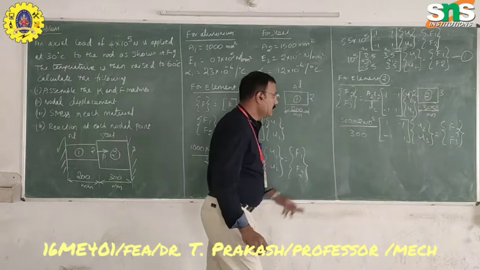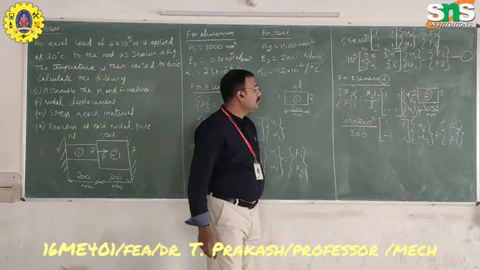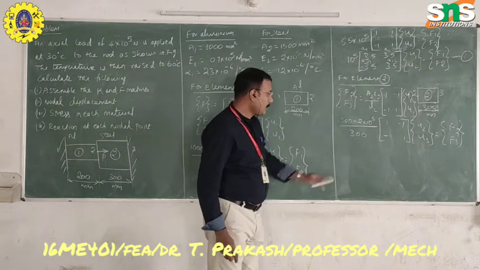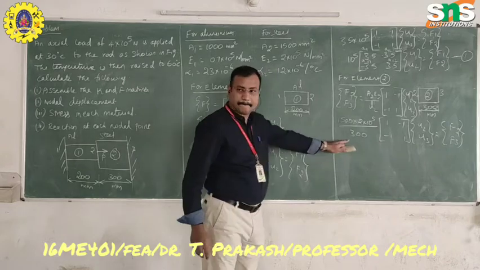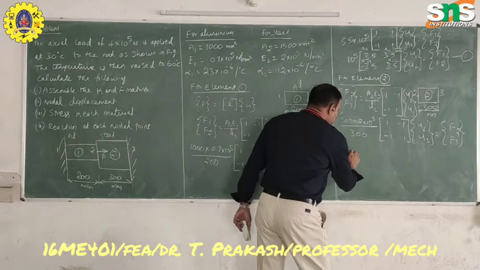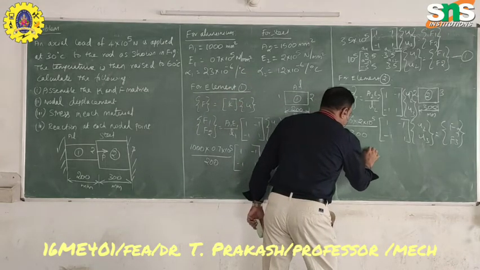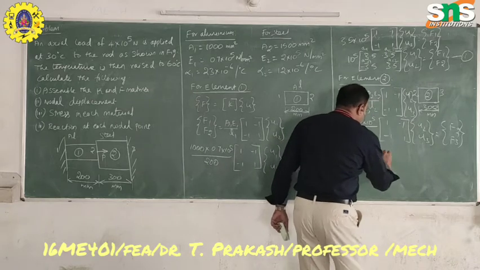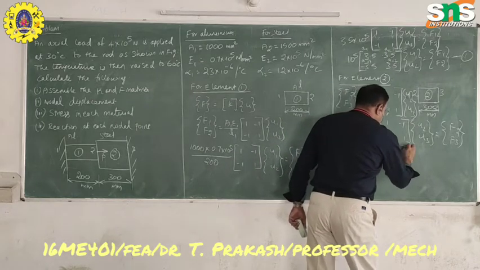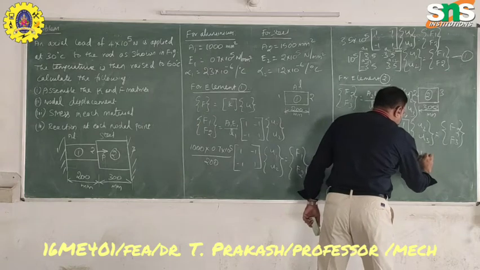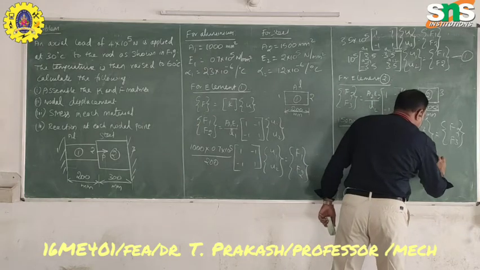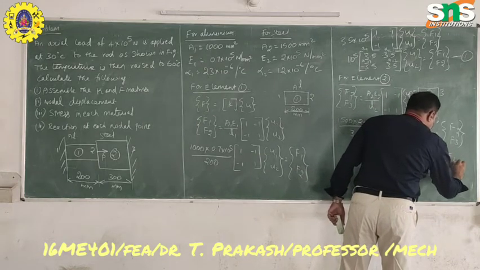It is the matrix. Check the value: 10 into 10 power 5, times the matrix 1 minus 1, minus 1 1, times U2, U3, equal to F2, F3.